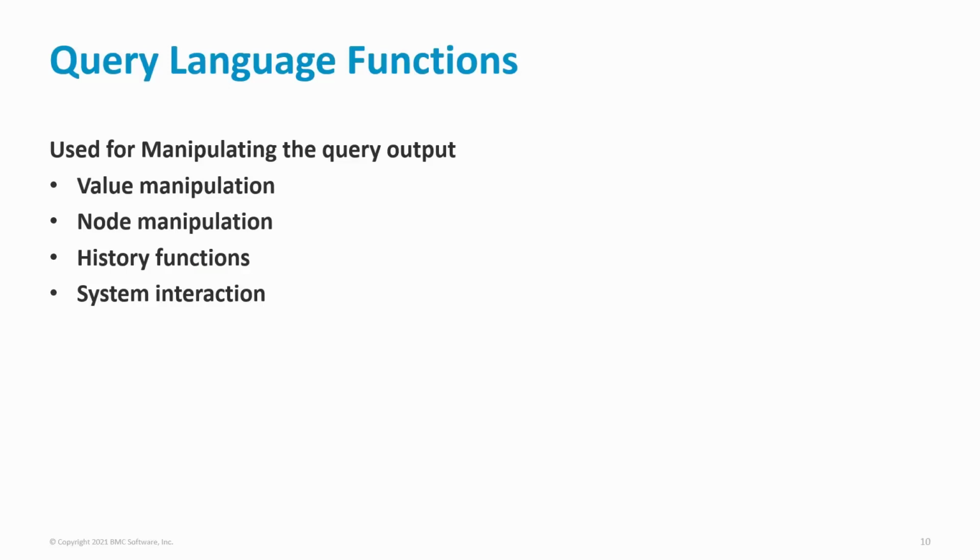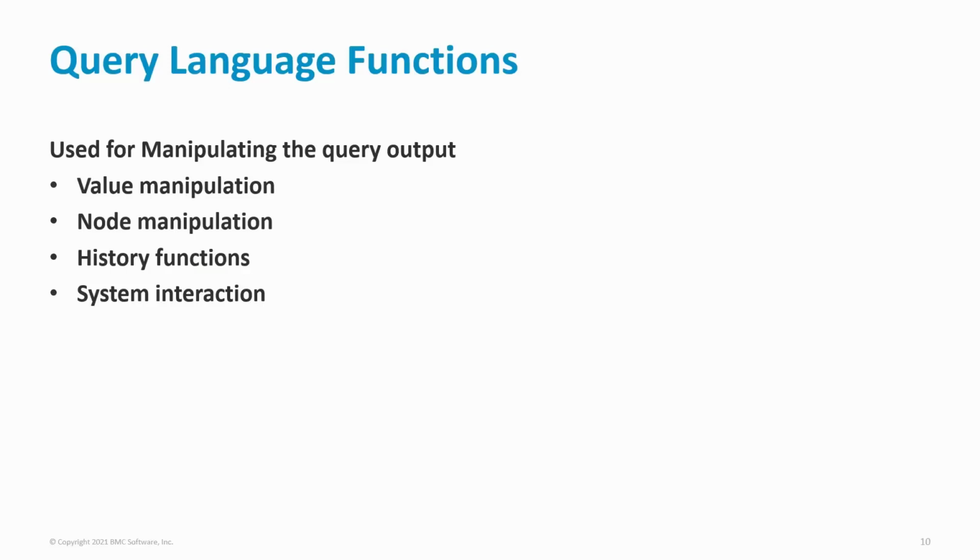These functions help us to do value manipulation, which include manipulating the reported value, for example, changing discovered disk space size from bytes to KB, MB, etc. Node manipulation. We just saw an example of node manipulation where we used a search flag. By defining the function destroyed, we were able to query only destroyed host.